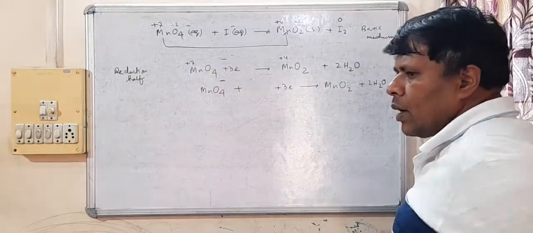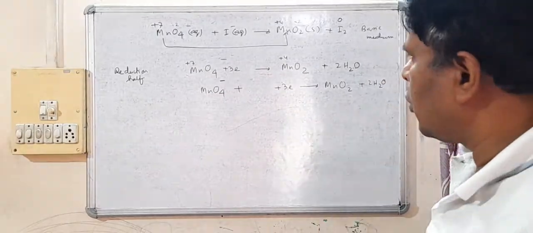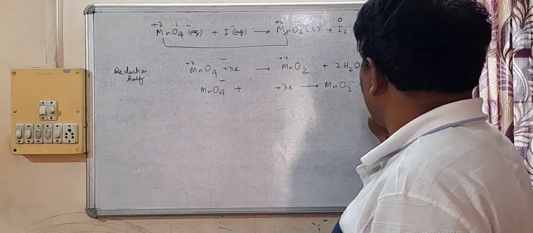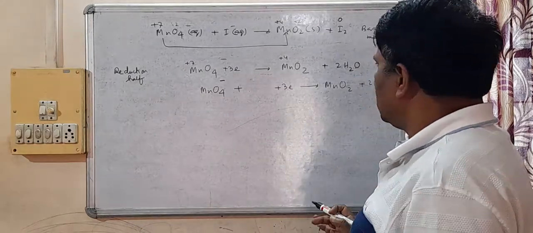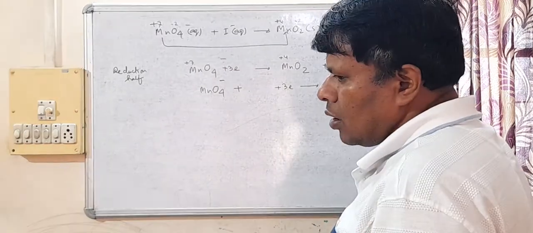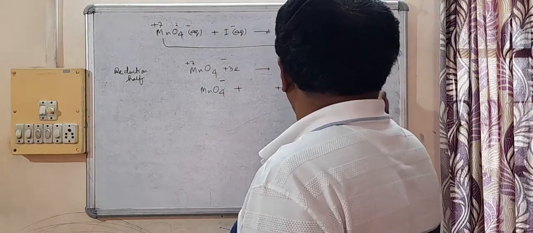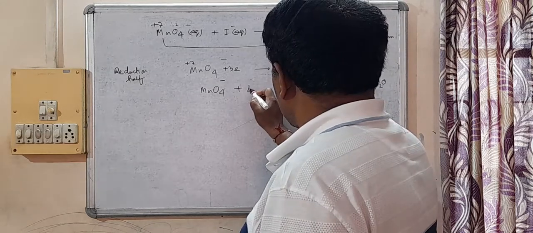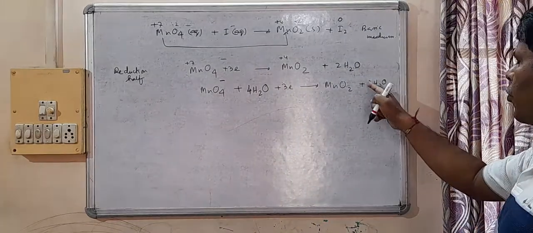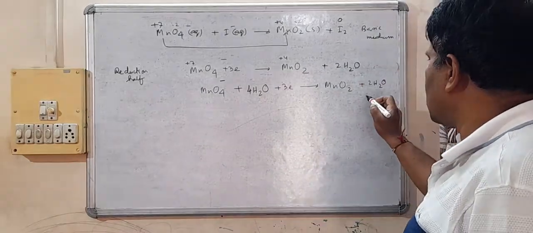Oxidation number is not required now. Now the last step is balancing hydrogen. On the right side we have 4 hydrogen. This side there is no hydrogen. The rule is, for basic medium, 4 hydrogen short, we will add 4 water, and to the other side we will add 4 OH minus.